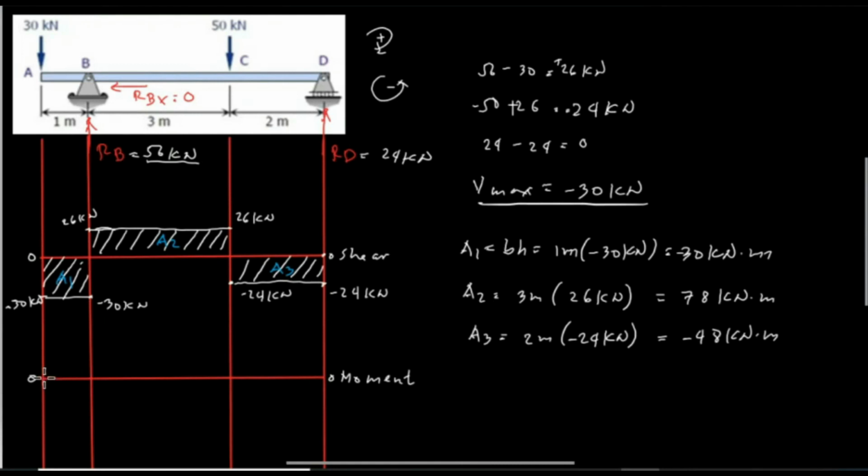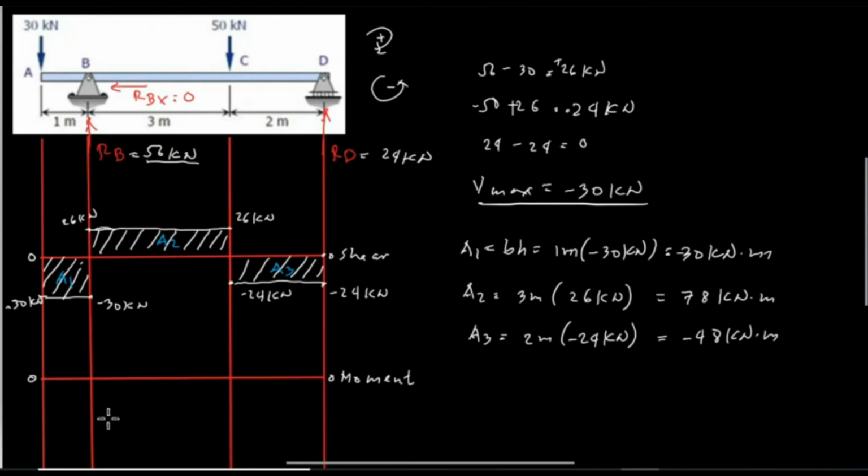So we start at A. Since from A to B there is no load, the next line is a diagonal line, and we have area 1, which is equivalent to negative 30 kilonewton meter.